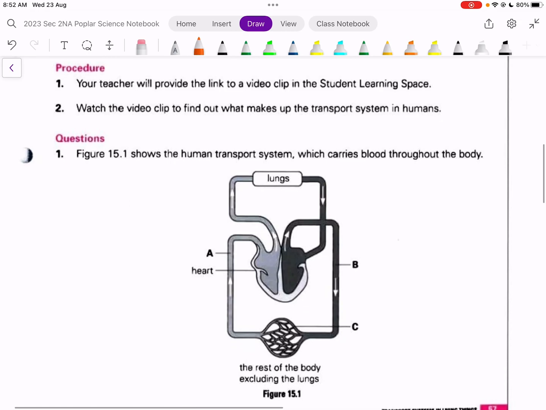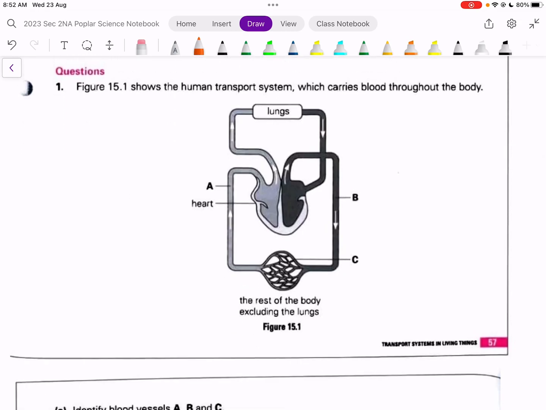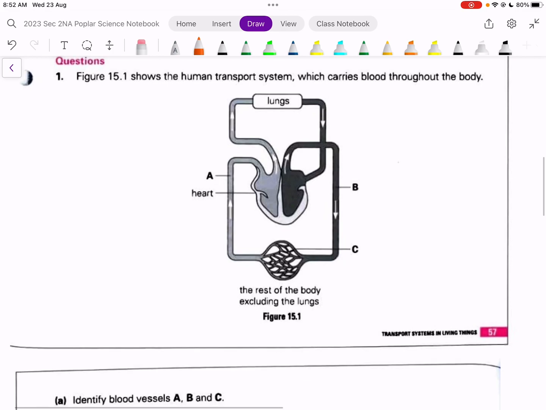So let's take a look at activity book page 57 to 58. You are given this figure of the human transport system, with the heart, the lungs, and the different types of blood vessels. For B, it's very clear it's blood that is coming out of the heart to all the capillaries. So C is your capillaries.